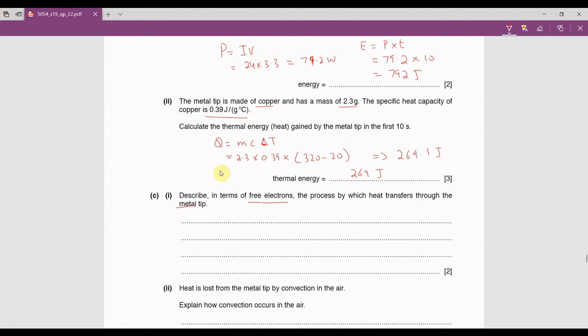So you say free electrons move at high speed when metal is heated and strike the particles in their path.